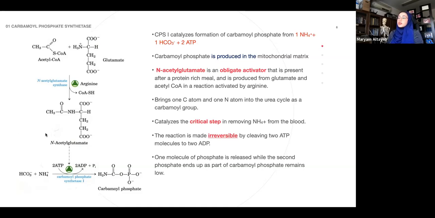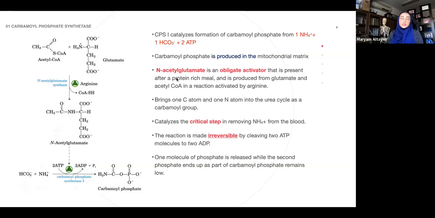You have to have N-acetylglutamate in order for your CPS1, or carbonyl phosphate synthase 1, enzyme to work. Without this, it's not going to work and the whole urea cycle is not going to happen. And remember, that's bad because you're going to have a lot of nitrogenous waste products building up in the blood, which is very bad for you. So just know that N-acetylglutamate is an obligate activator that is present after a protein-rich meal. So that's when we eat proteins.